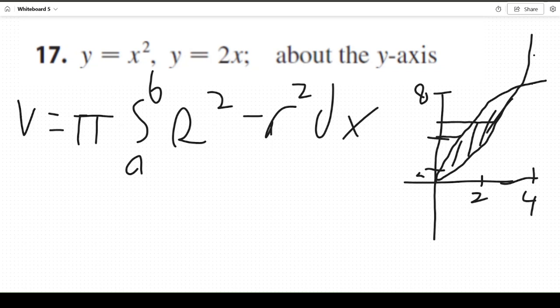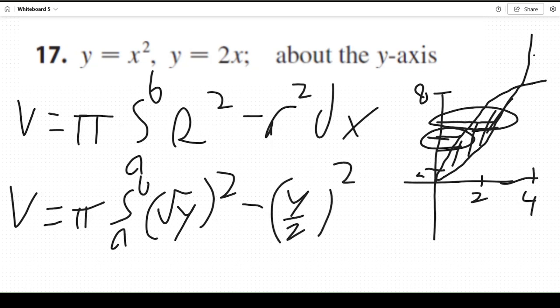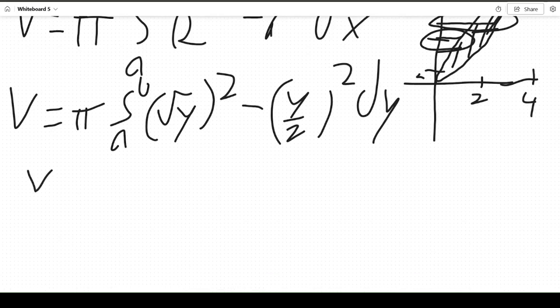As you can see from here, this is farther away than this function. So we can assume that the square root of y is the outer radius, and y over 2 is the inner radius, dy. We can use simple integration to solve this.